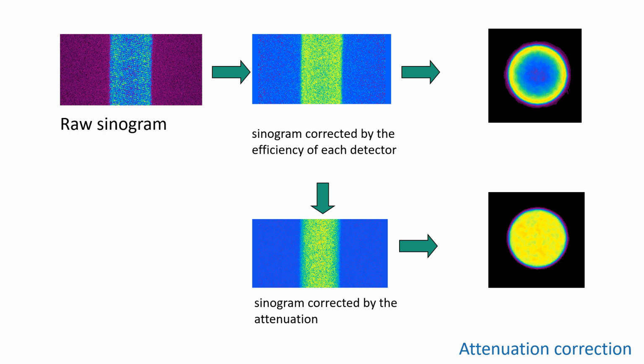Then we apply the singles correction for the sensitivity of each detector, but the reconstructed image of the phantom is not uniform, as radioactivity seems to decrease as we move towards the phantom center. But if we take account also of the attenuation, the radioactivity distribution is correctly uniform.